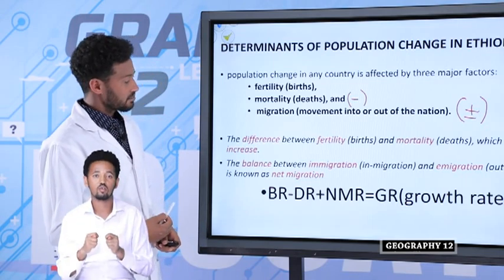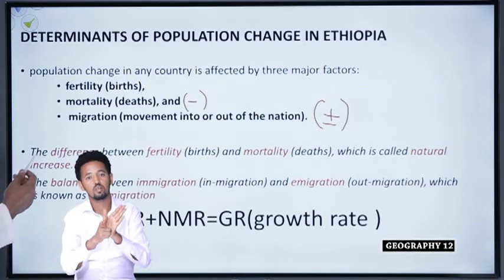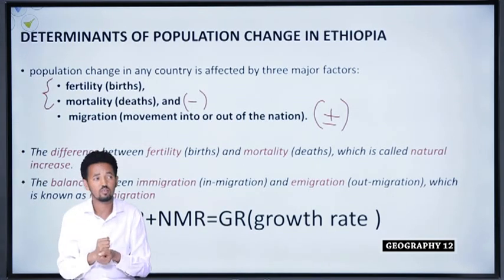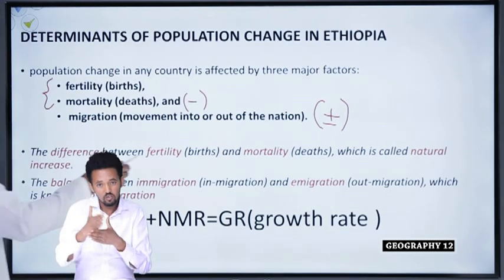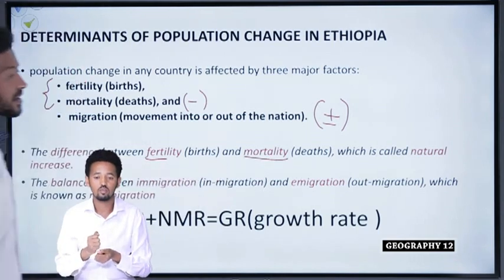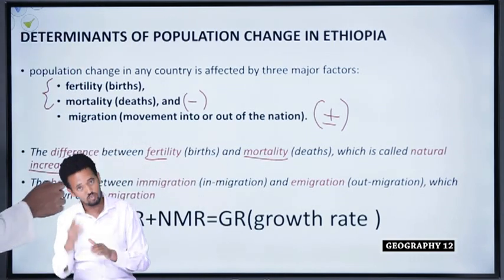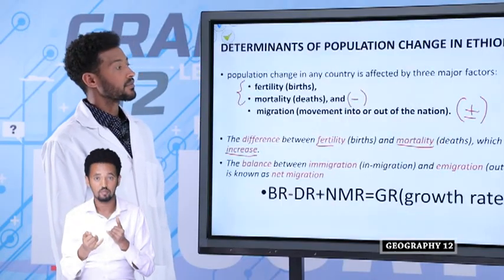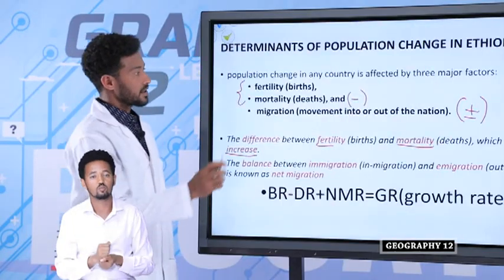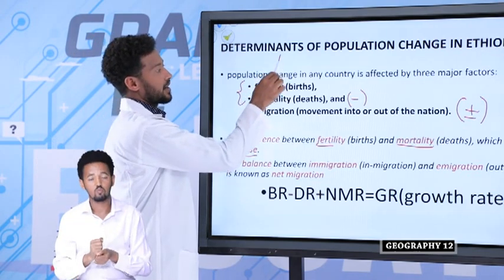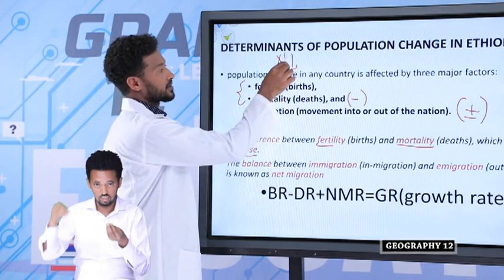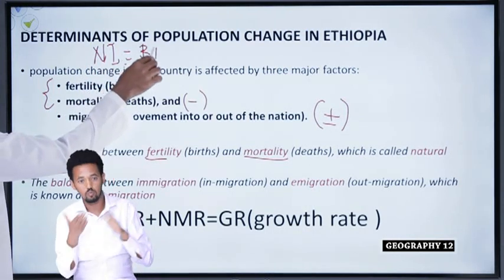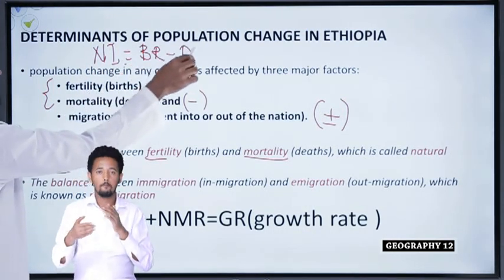For example, if you want to see the change between these two factors, fertility and mortality, we can find the natural increase. In formula, natural increase equals birth rate minus death rate.